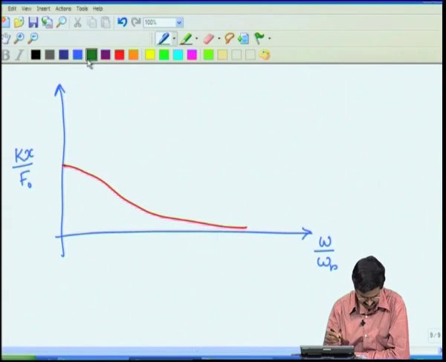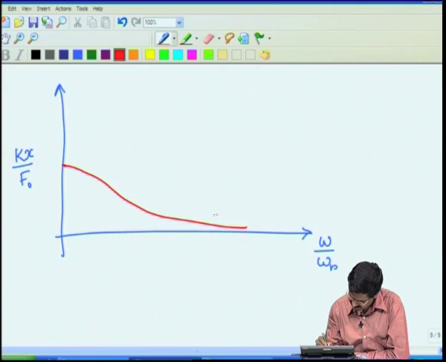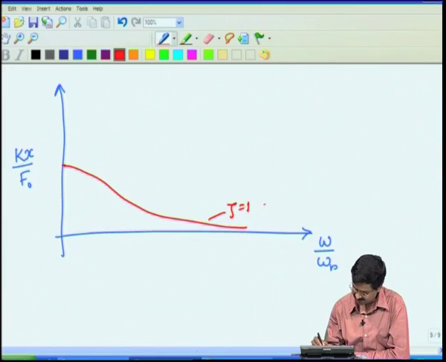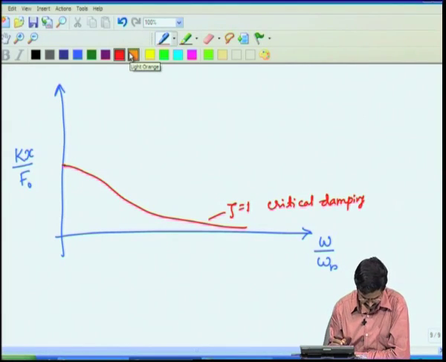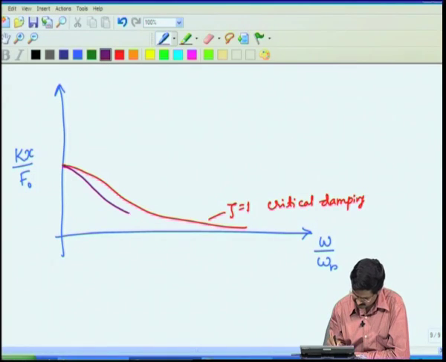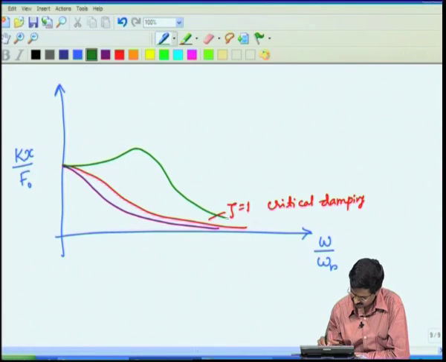Now, if I take it to be slightly larger, let us say this is zeta equal to 1, that is the critically damped case. Critical damping is going to look like that, and if it is more than critical damping, then it would go like this. If it is less than critical damping, then we will see a behavior like this.